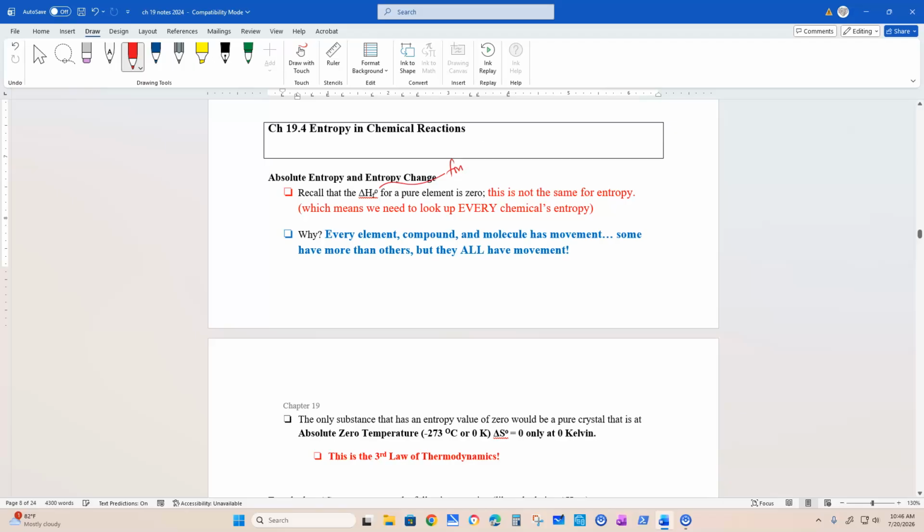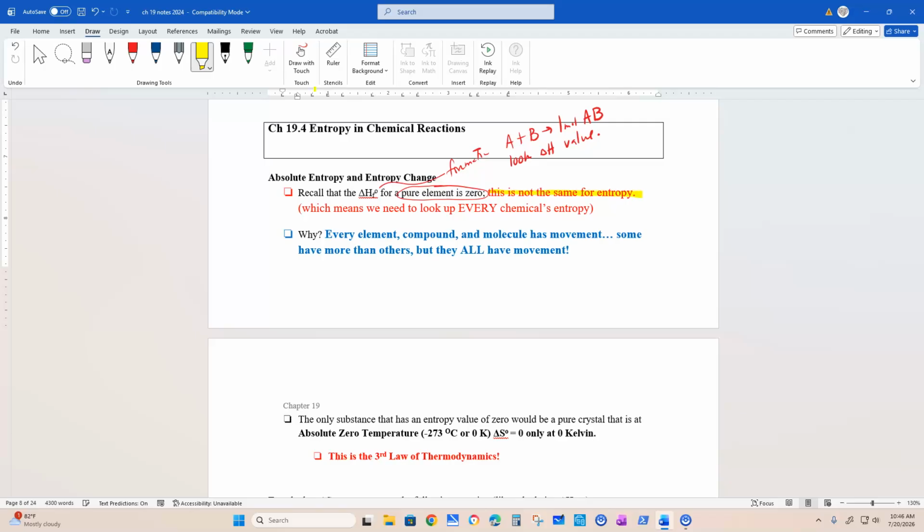So formation, when we would take an element and make 1 mole of the compound, when we looked at the delta H values on our appendix, we didn't have to look them up for pure elements because pure elements were all zero. So like carbon, N2, O2, we didn't have to look them up. They were all zeros. It's not the same for entropy.